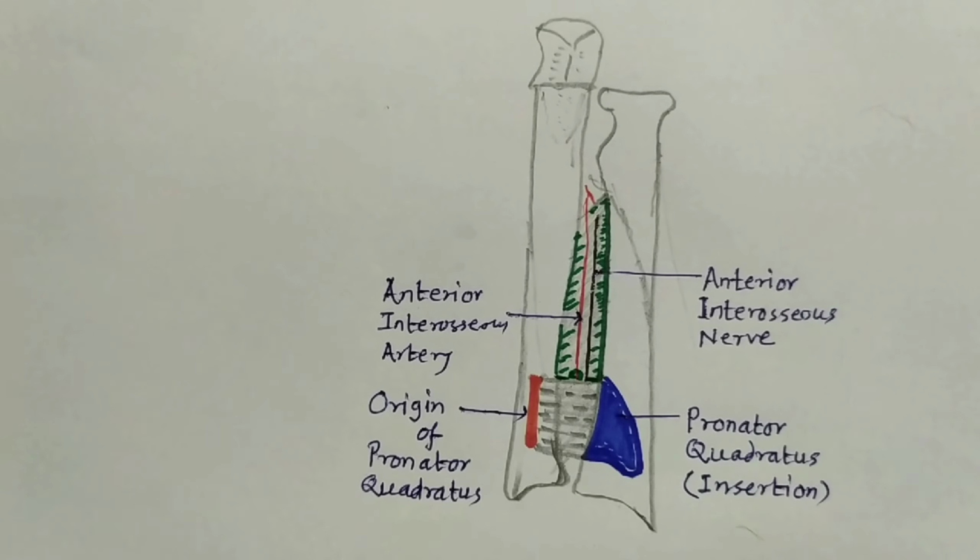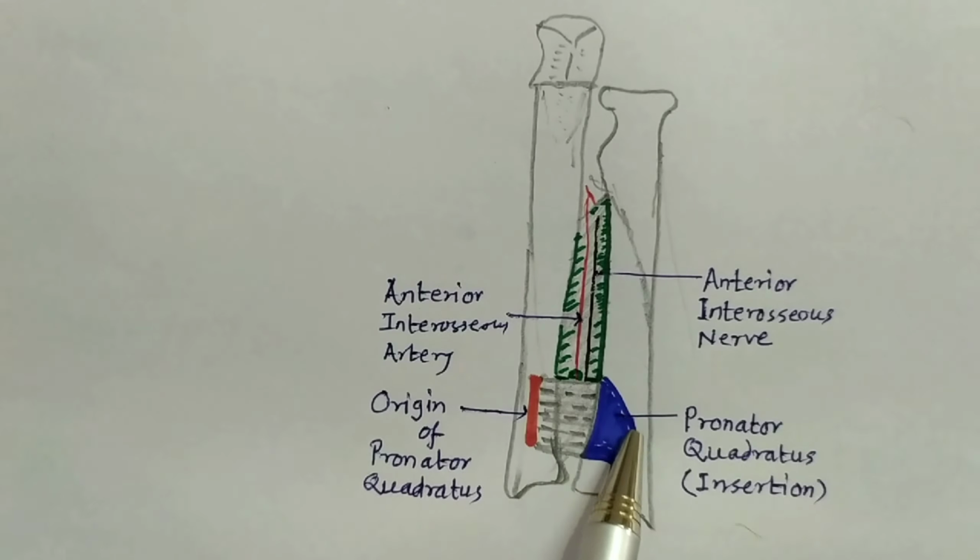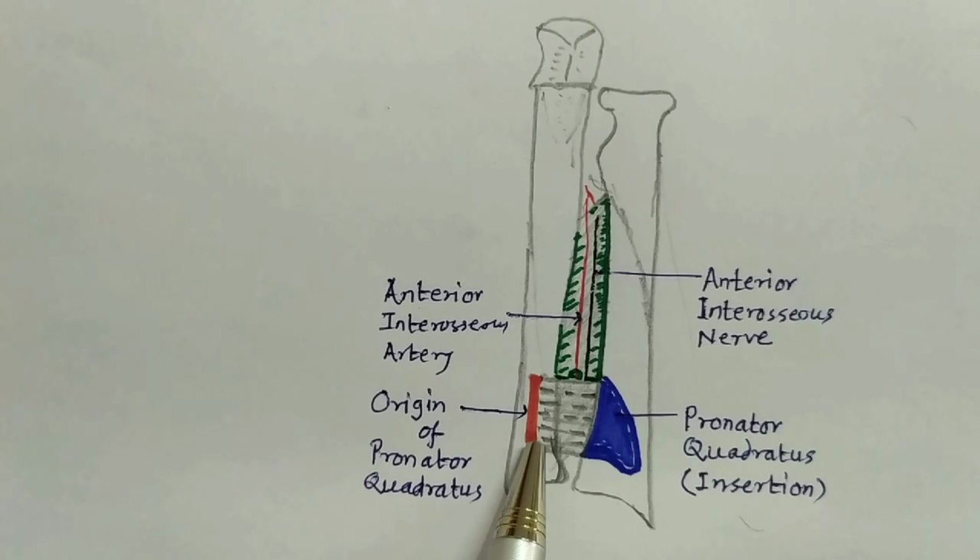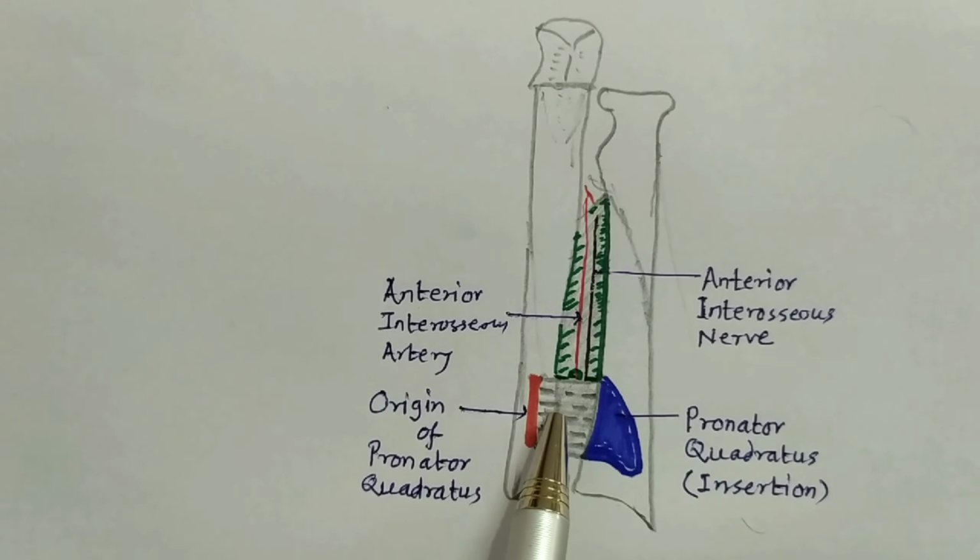The flexor compartment of forearm consists of three deep muscles, and these deep muscles are attached either to the radius or to the ulna. In the lower part lies the pronator quadratus muscle. It causes pronation of forearm.